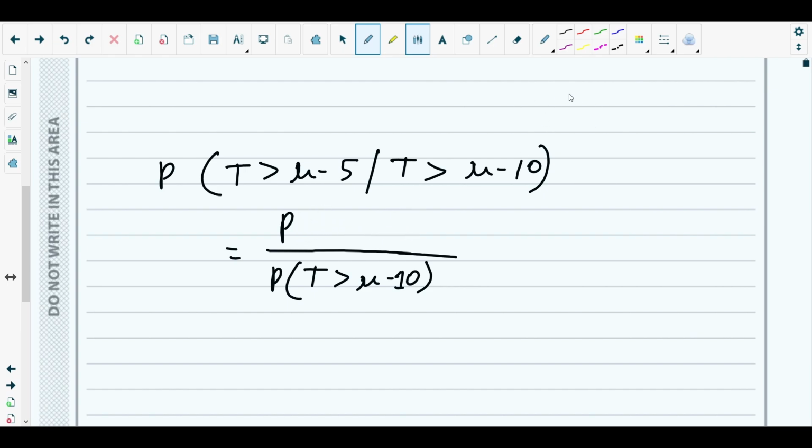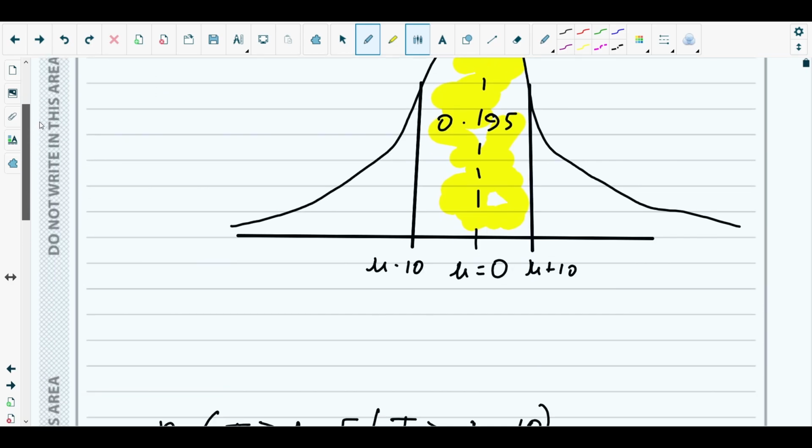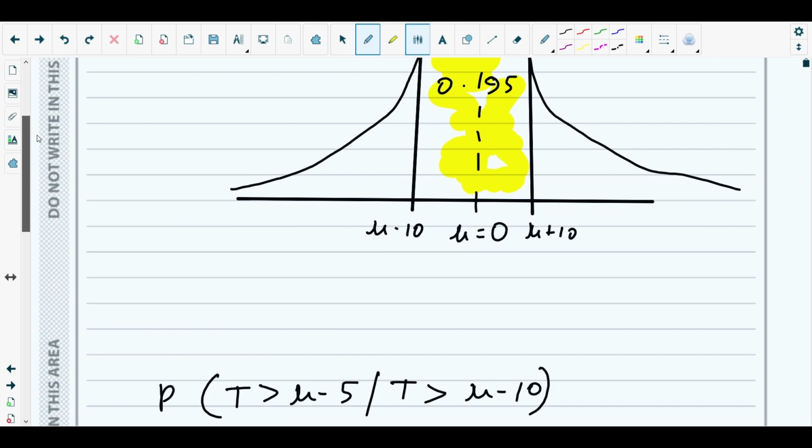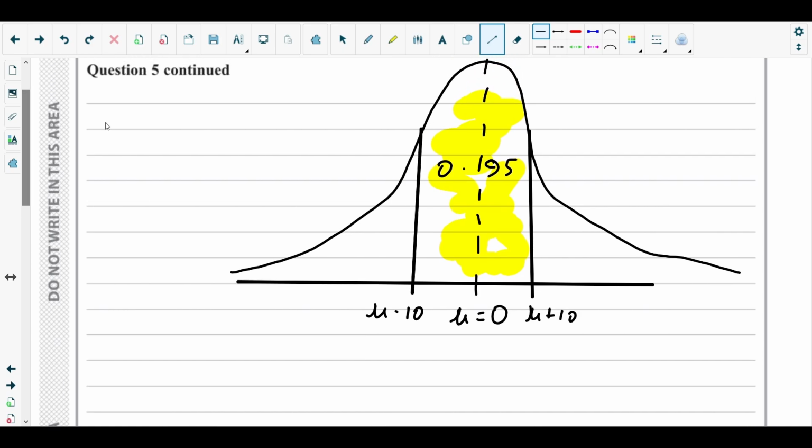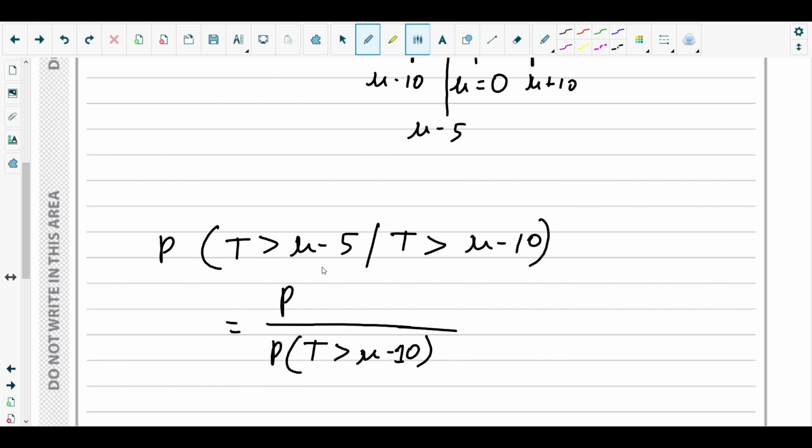Let me show you on the bell curve. Mu minus 5 is where? Mu minus 5 would be between mu minus 10 and mu, right? So it would be here. This is mu minus 5. So t greater than mu minus 5 and t greater than mu minus 10, right?